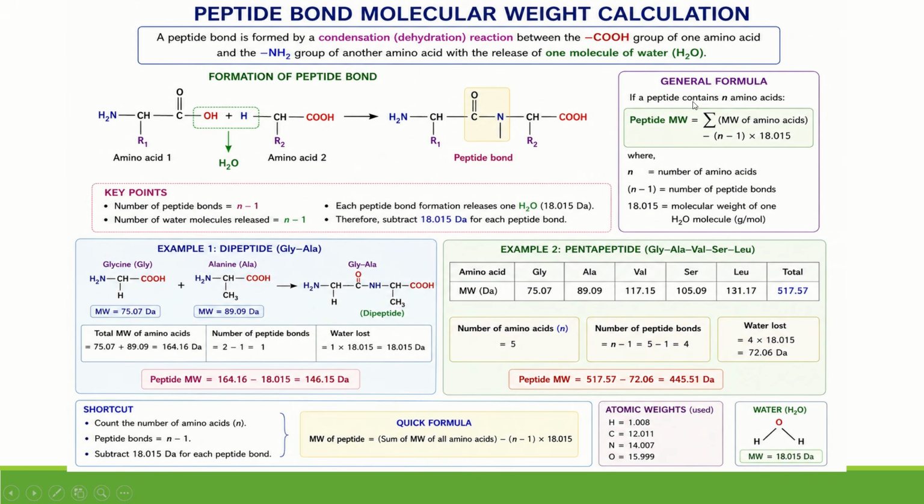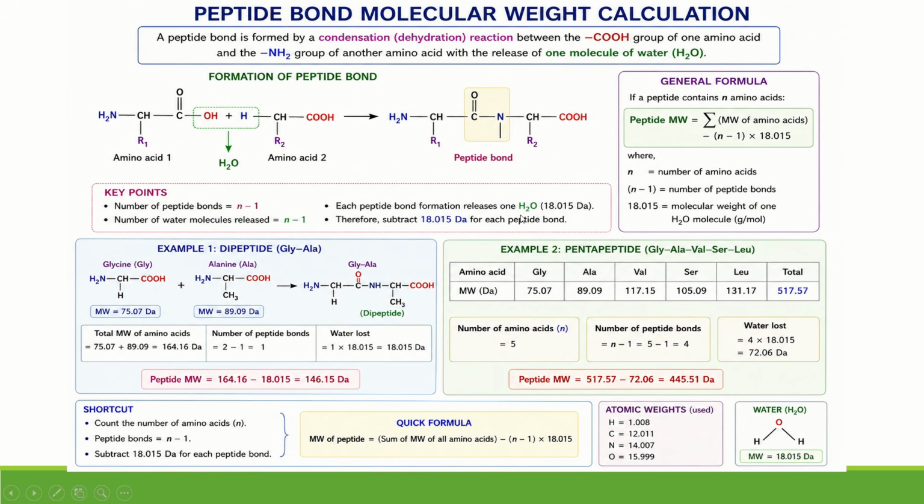So, here the general formula is, if a peptide contains n amino acids, in the linear one, number of peptide bonds is n minus 1, number of water molecules released is also n minus 1.